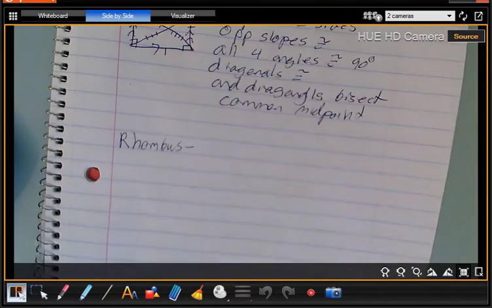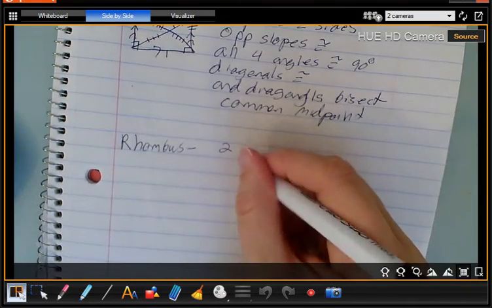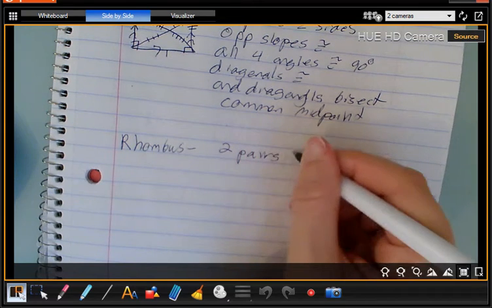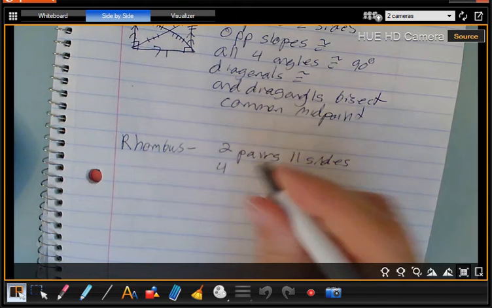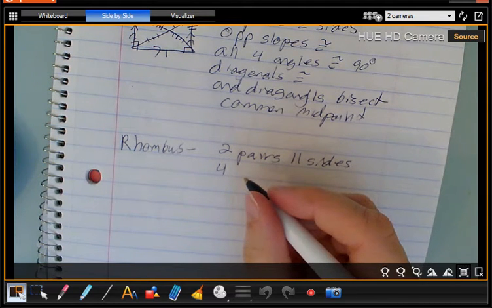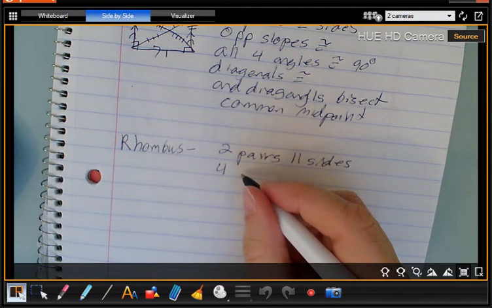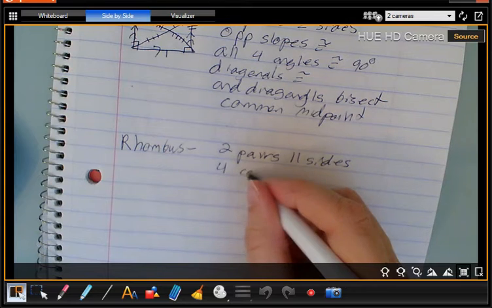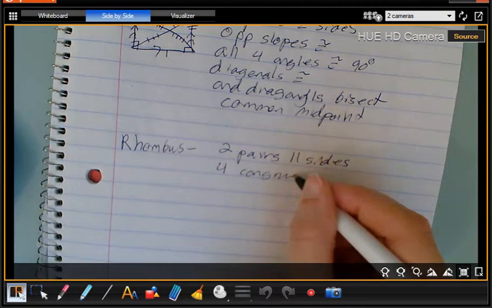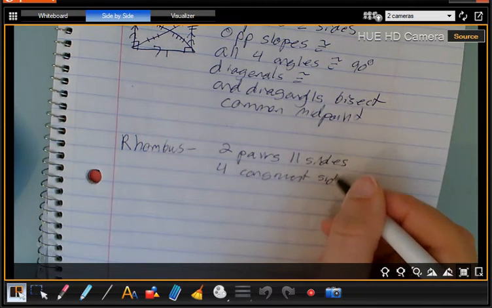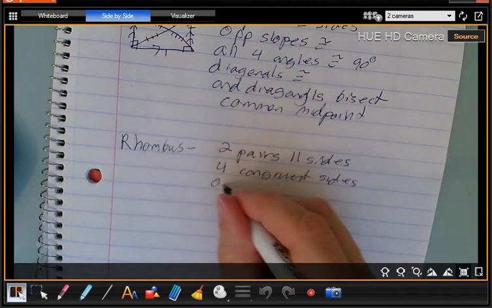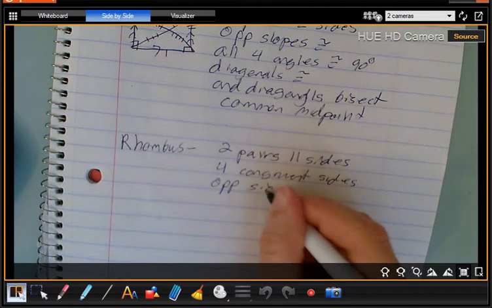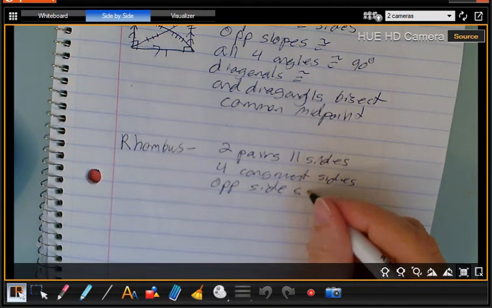All right, a rhombus. Two pairs of parallel sides, four congruent sides. Opposite sides have the same slope.